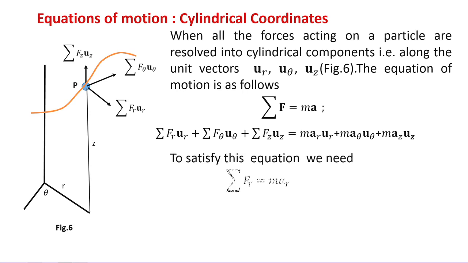To satisfy this equation we need summation of F_r is equal to m a_r, summation of F_theta is equal to m a_theta, and summation of F_z is equal to m a_z.